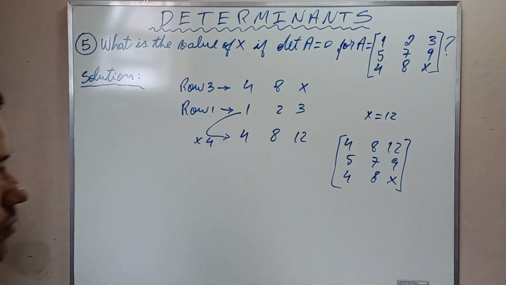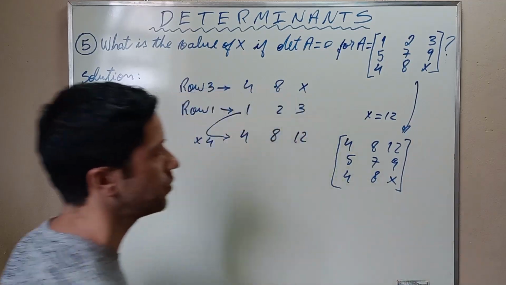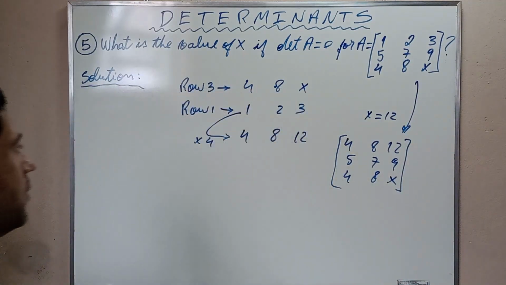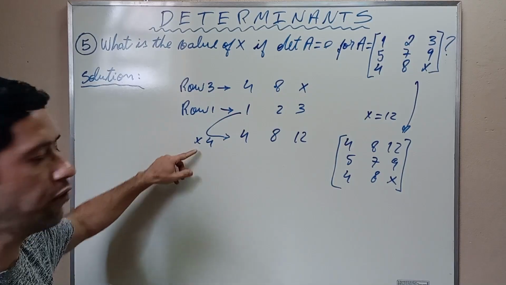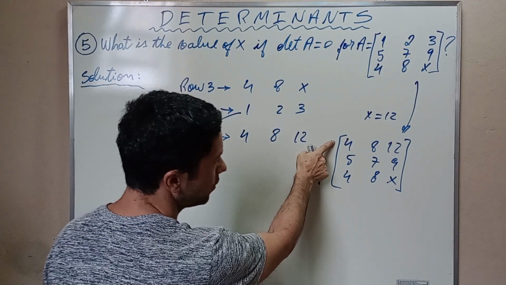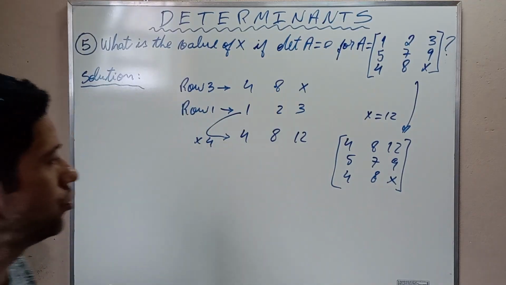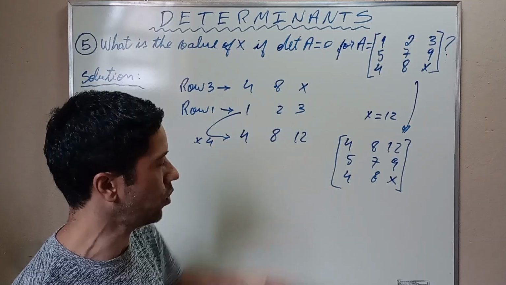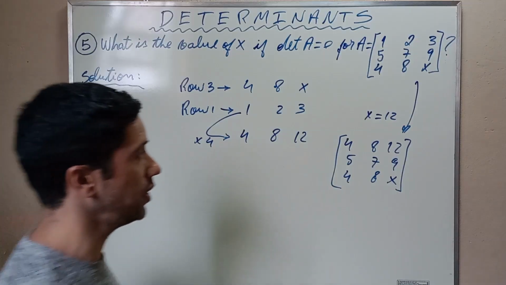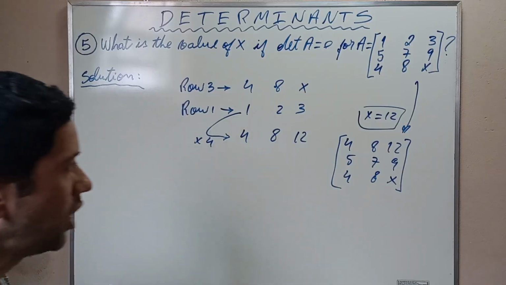The matrix becomes this. Okay? I converted this to this by multiplying the first row by 4. Okay? And observe that this row is entirely equal to this row. They are equal. Of course, if x is equal to 12, they will be equal.